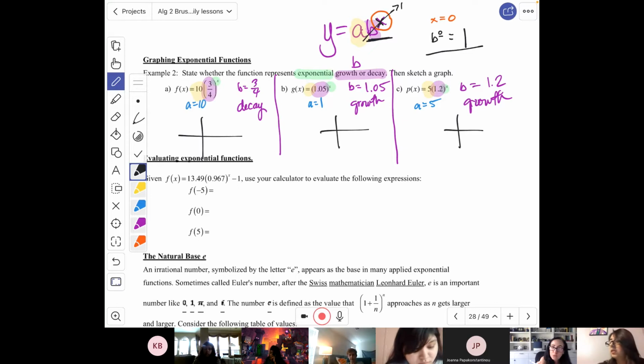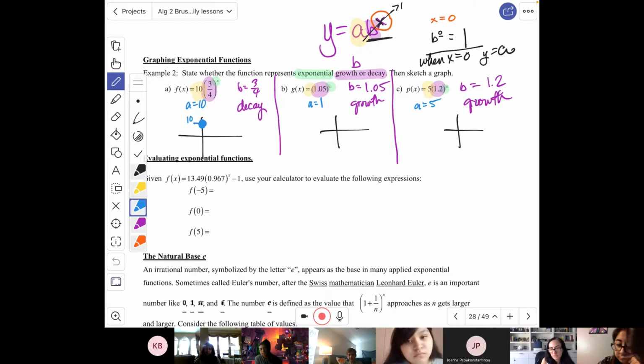So when x equals 0, y equals a. So that means my y-intercept is (0, 10). It crosses at 10. Do you see that?